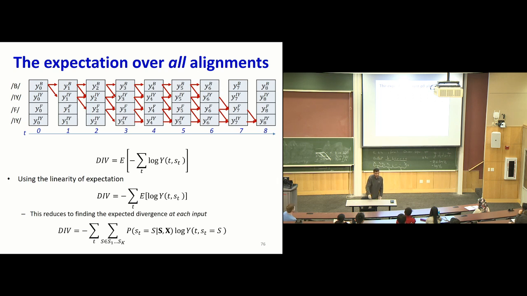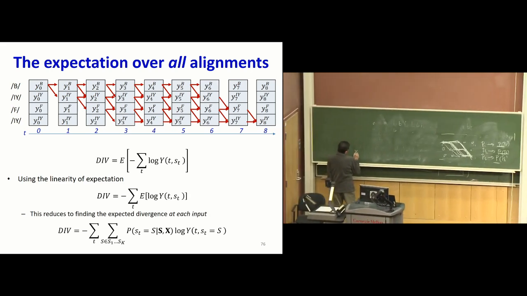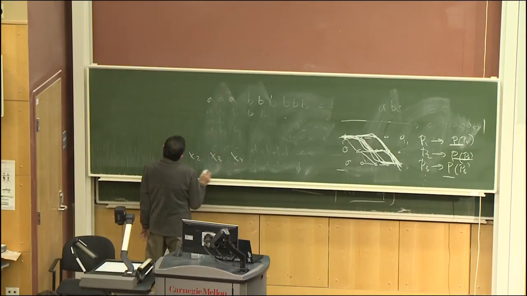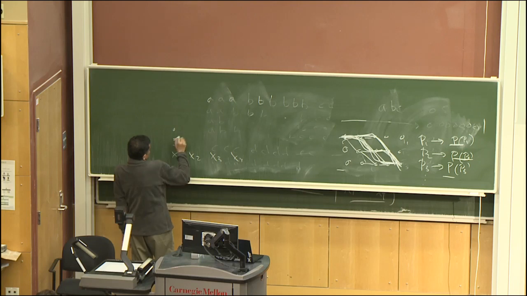That makes sense? No? Okay. Let me draw that again. Maybe this. So I have all of these inputs. X1, let me give you an example, X1, X2, X3, X4. And maybe I have only 3 symbols, right?